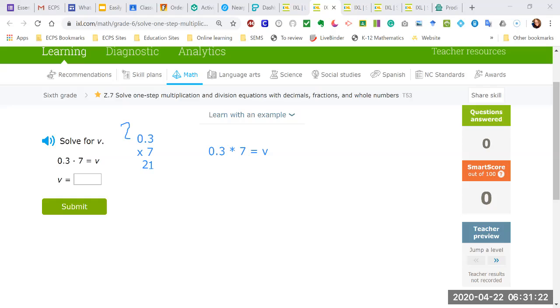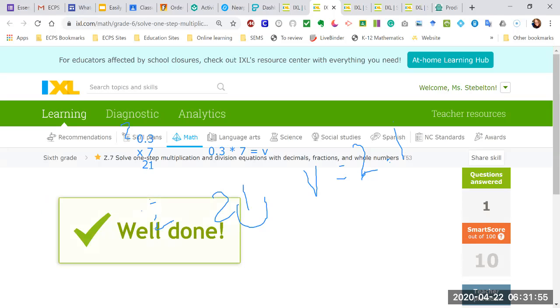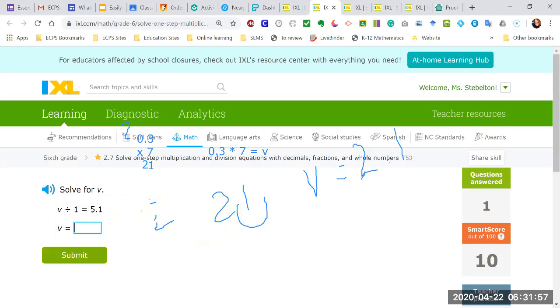You're going to start at the end of the number. So at 21, you're going to go in 1 decimal place, which makes our answer 2.1. So we'll put the answer in. And that gives us our first points.